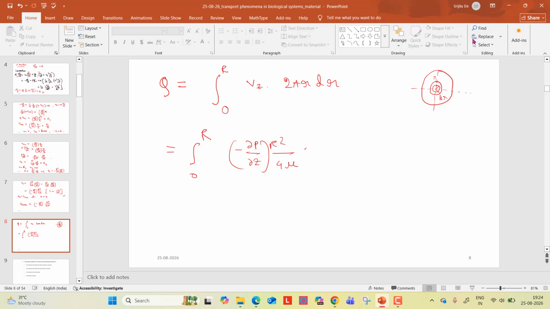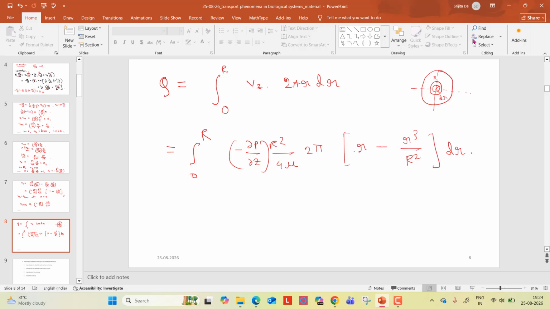Okay, 2 pi. We are taking the constants out and we will be multiplying r. It will be r minus r cube by r square into dr, right?